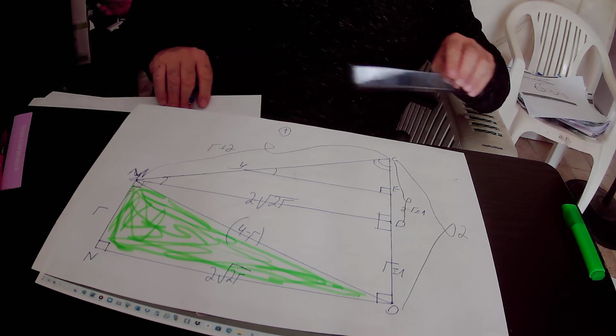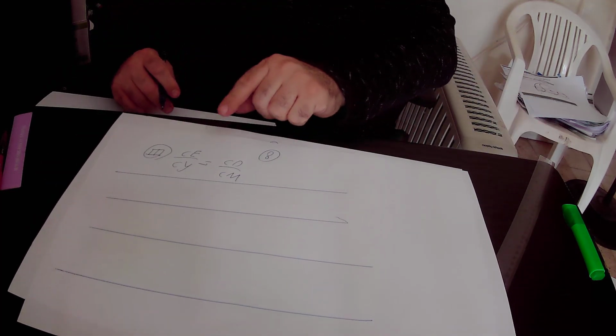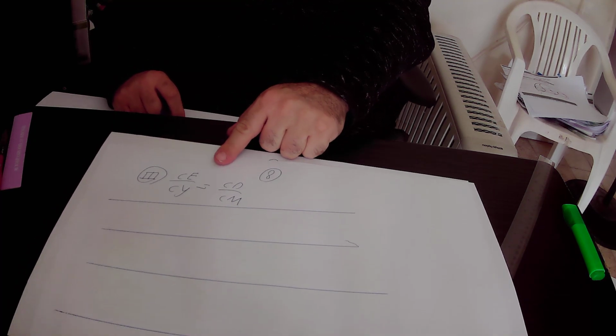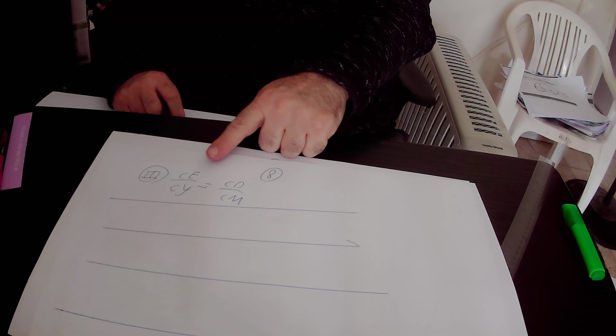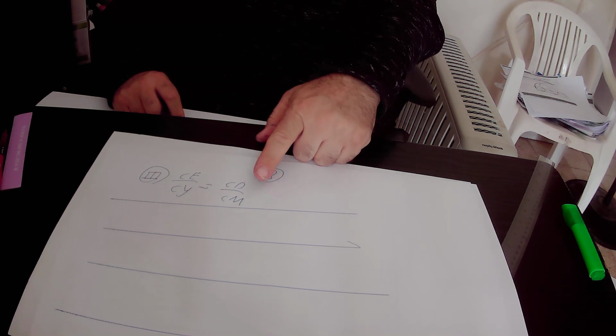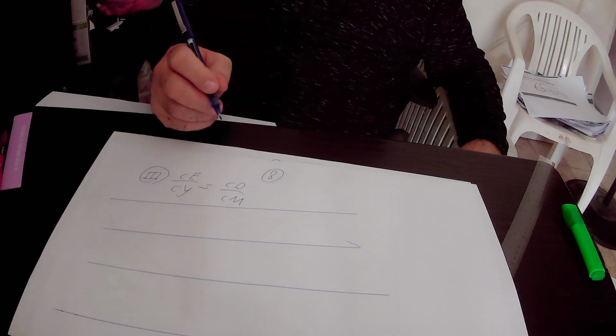I will repeat again. From the fact that triangle CEY is similar to triangle CDM, we will conclude that CE over CY in triangle CEY is equal to CD over CM in triangle CDM. Okay?